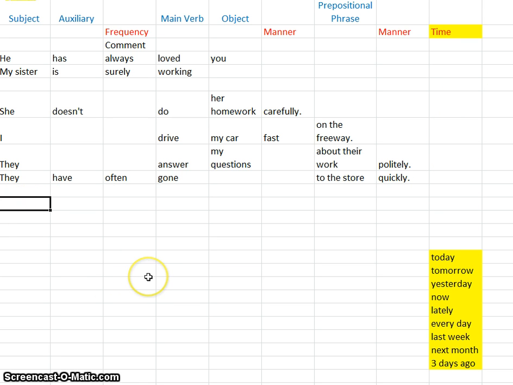So for example, we could say he, main verb, studies, when? Every day. He studies every day. Every day are time words that go at the end of the clause.